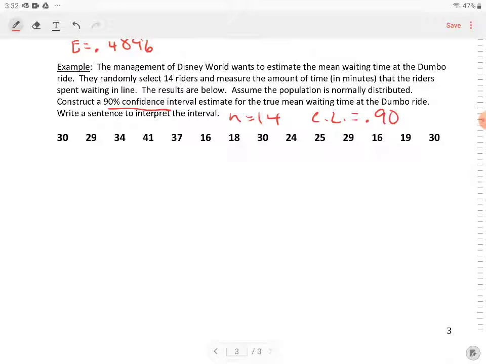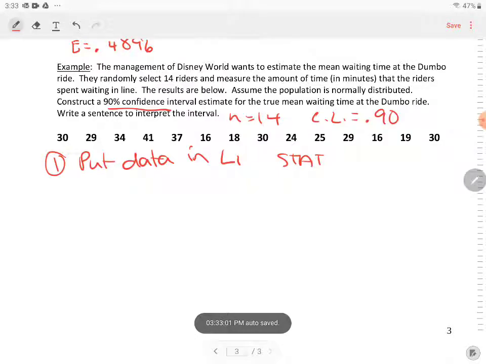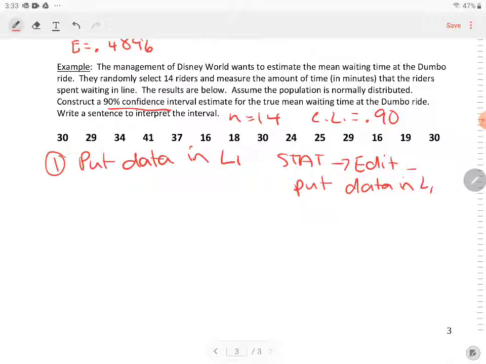So if you notice, we don't have the mean or standard deviation. So number one, you have to put your data in L1. Okay, so if you recall that stat, then we do edit and put in data. So we're going to type our numbers in L1.